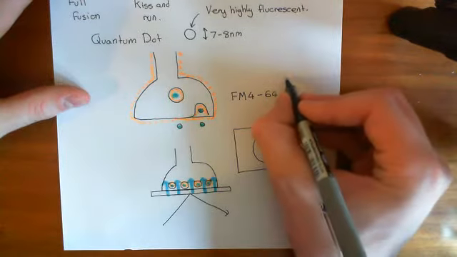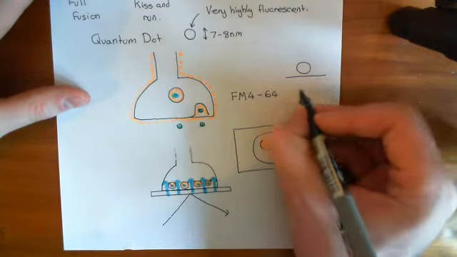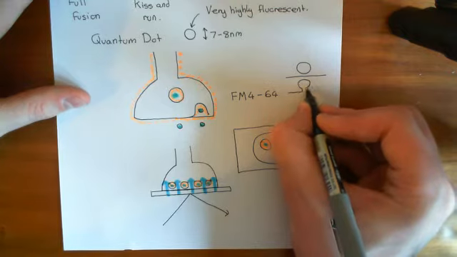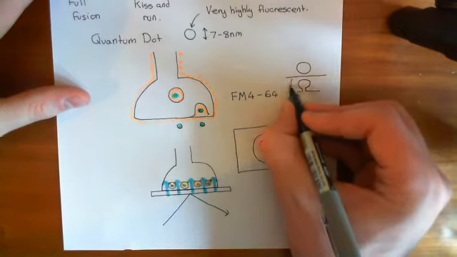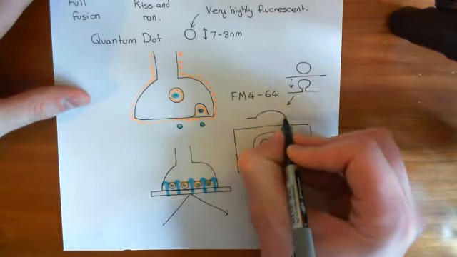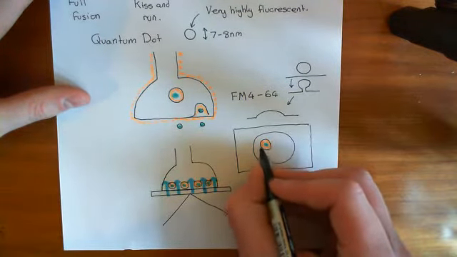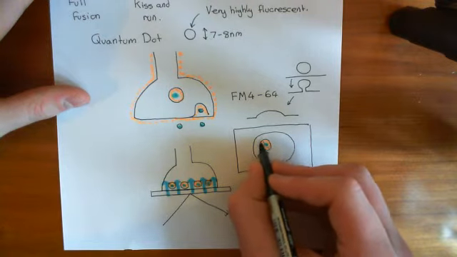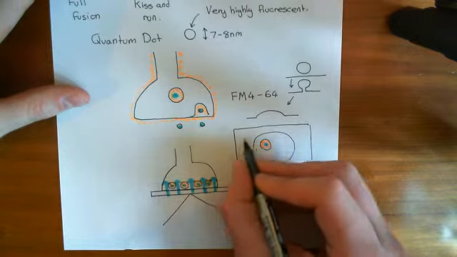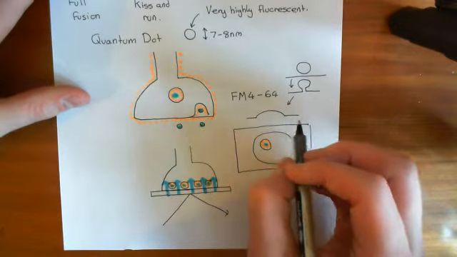So initially we have our synaptic vesicle docked at the presynaptic membrane, then what forms is a fusion pore, okay, and then it can go on to full fusion, like so, and in that case what you're going to see is the FM464 dispersed on the membrane, but the quantum dot isn't bound to the membrane, so it will just diffuse off potentially. Okay, so that's how you can see full fusion.